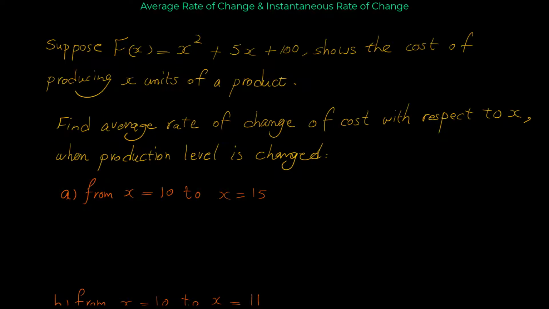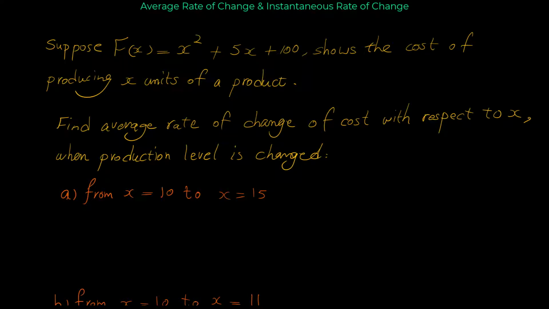Suppose f of x is given by x squared plus 5x plus 100 and shows the cost of making x units of a product. So, for example, if you want to make 10 units of that product, you can plug in 10 in this equation to find the cost of making 10 units of that product.